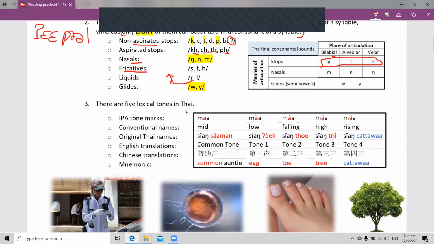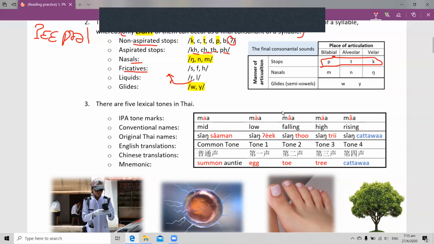Next, about the tones. We have 5 lexical tones in Thai. They are the mid tone, the low tone, the falling, the high, and the rising tone. So the pronunciation is as such: ma, ma, ma, ma, ma.